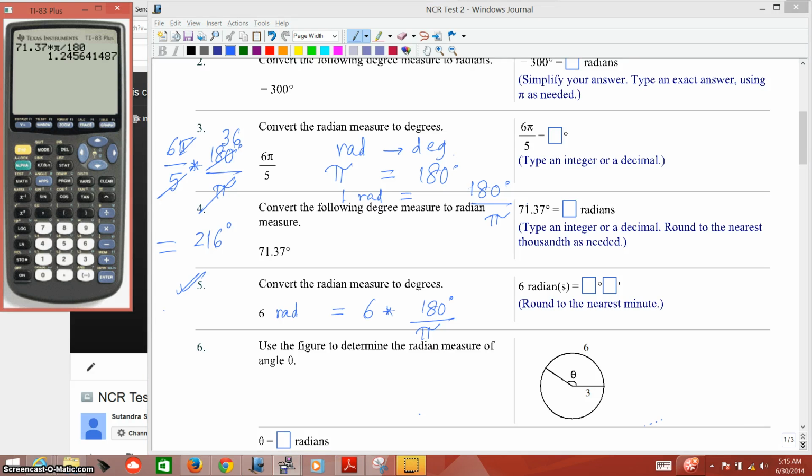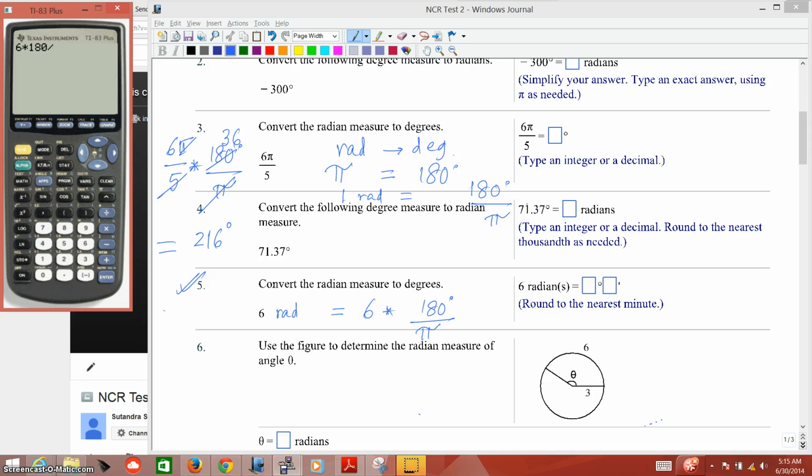So this time I have 6 times 180 degrees divided by pi.